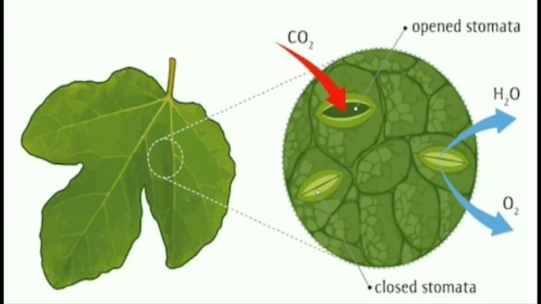Oxygen produced as a byproduct of photosynthesis diffuses out to the atmosphere through these same openings. Also, water vapor diffuses through the stomata into the atmosphere in a process called transpiration. At this moment, the stoma is called a closed stoma.